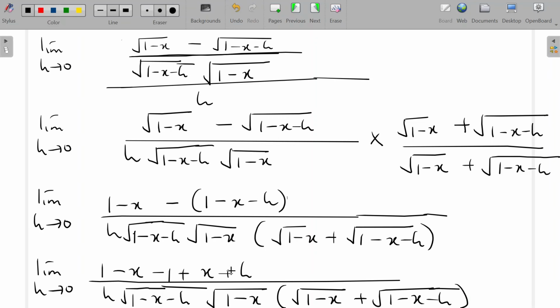After I reach this point, you're going to realize that 1 minus 1 is 0. Negative x plus x is 0. Then I'm only going to remain with an h on top.